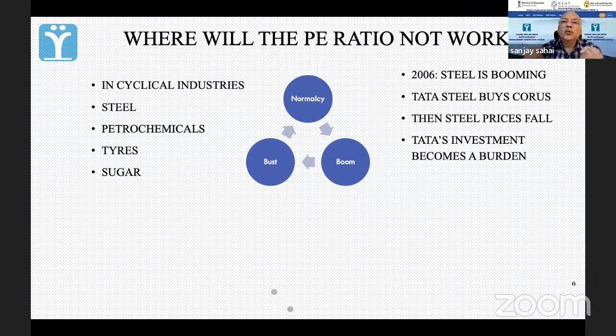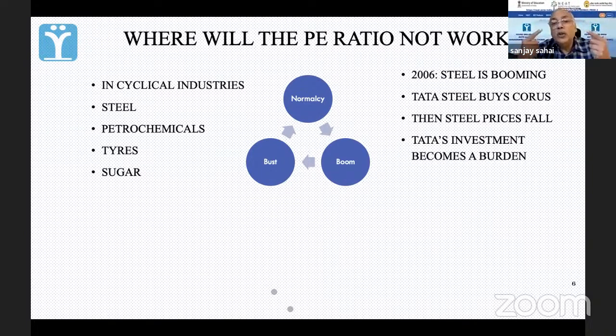They were not able to earn any money. It took 10 years for Tata's share price to come back to where it was. It dropped very low. Tata had a huge problem managing the debt, since it had taken loans to buy Chorus. There was a huge problem in paying that back. Their share prices were at rock bottom, and they had 10 years of bad time before coming back.